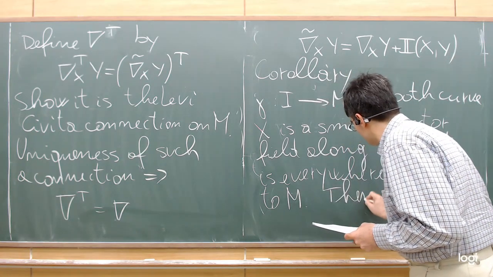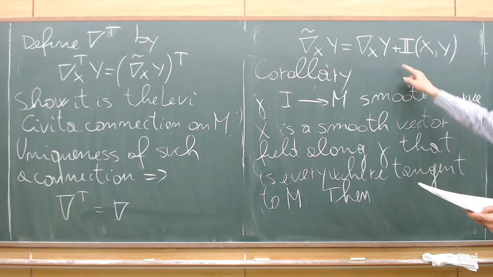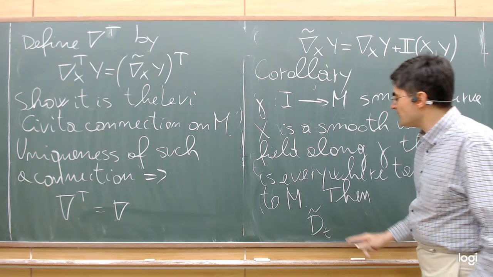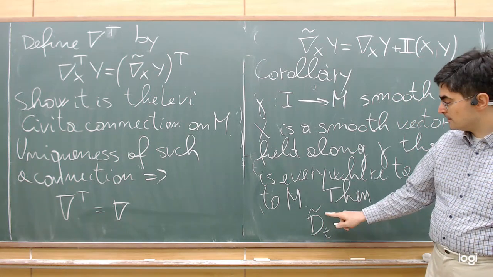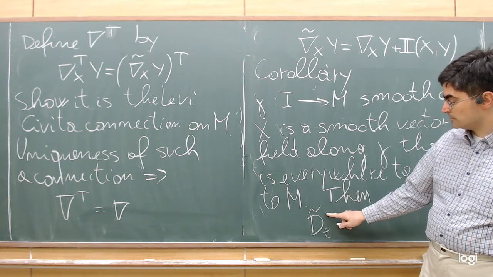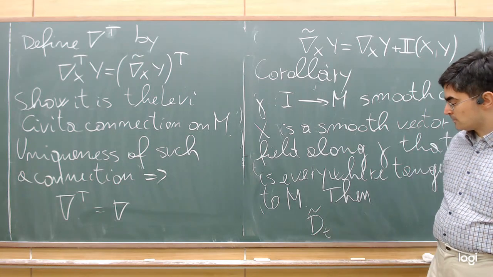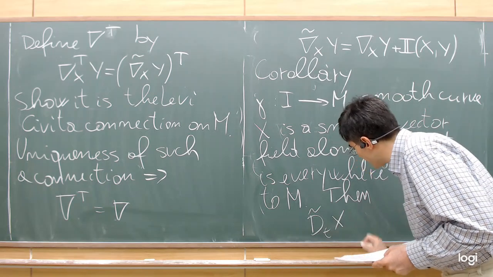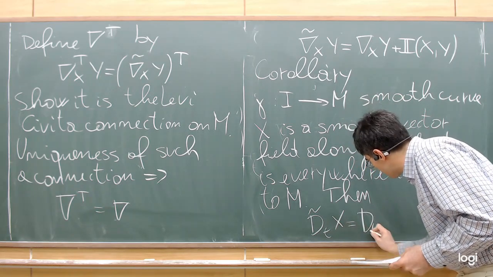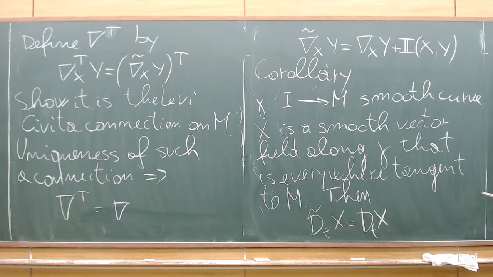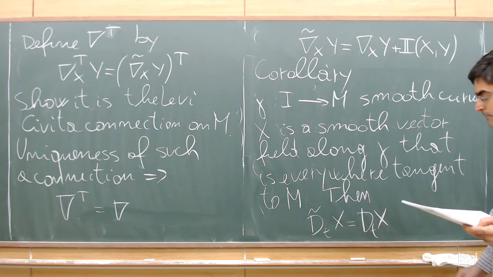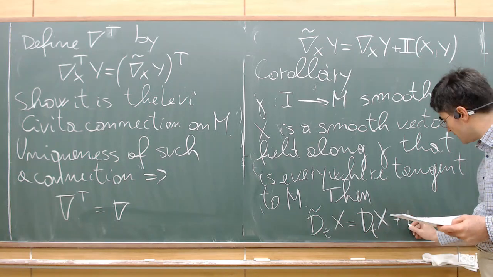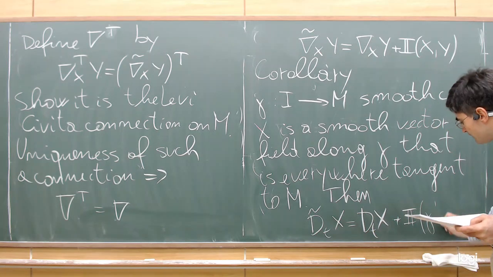Then, using this formula, we can prove that the covariant derivative along gamma with respect to the connection of M tilde of X is the covariant derivative along gamma with respect to the connection of M of X plus II of gamma prime, X.